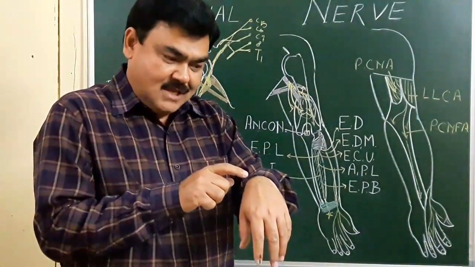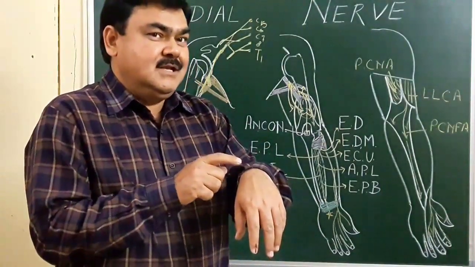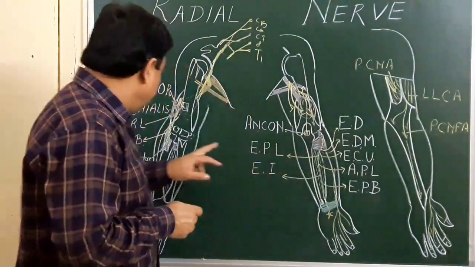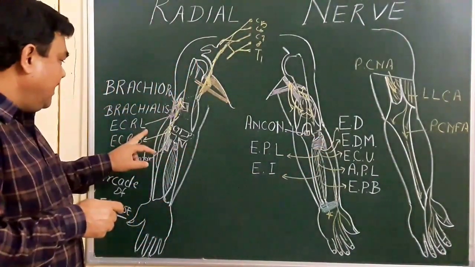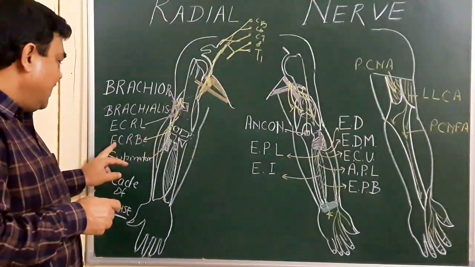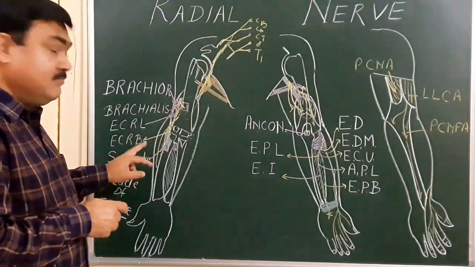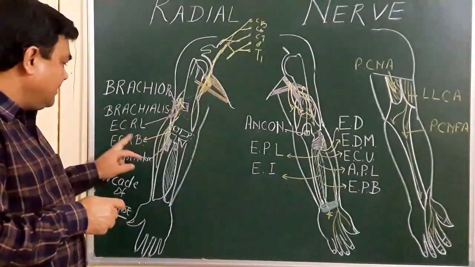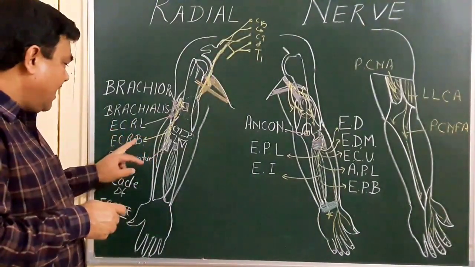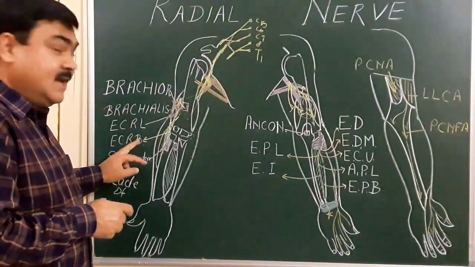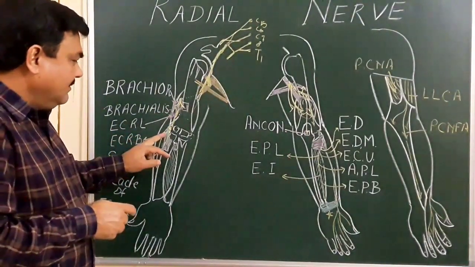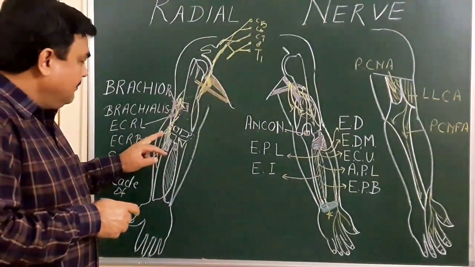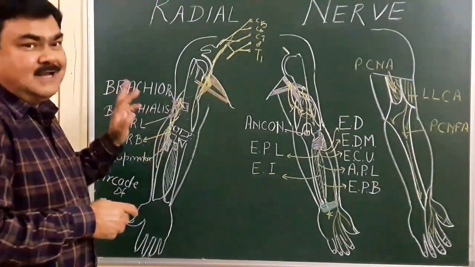And here the wrist joint is not very much affected, because the nerve to extensor carpi radialis longus and the nerve to extensor carpi radialis brevis arise earlier than the supinator, just proximal to the supinator muscle.